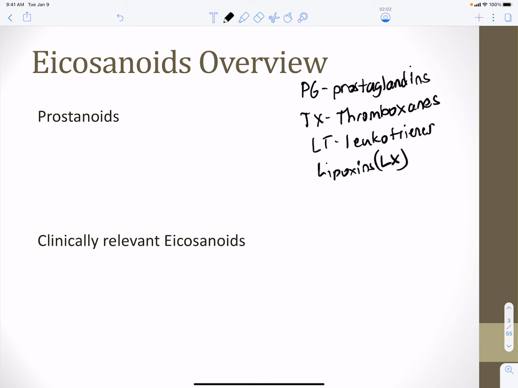So we also have our prostanoids. Our prostanoids are specifically our prostaglandins and our thromboxins. We have various nomenclatures associated with our prostanoids. They're going to have a subscript number, which references the number of carbon double bonds.